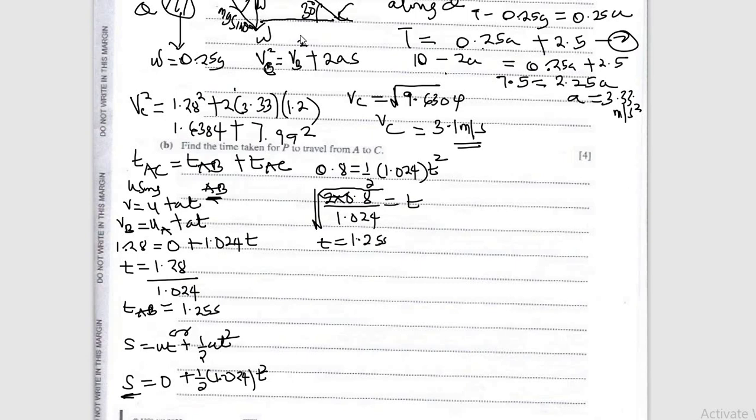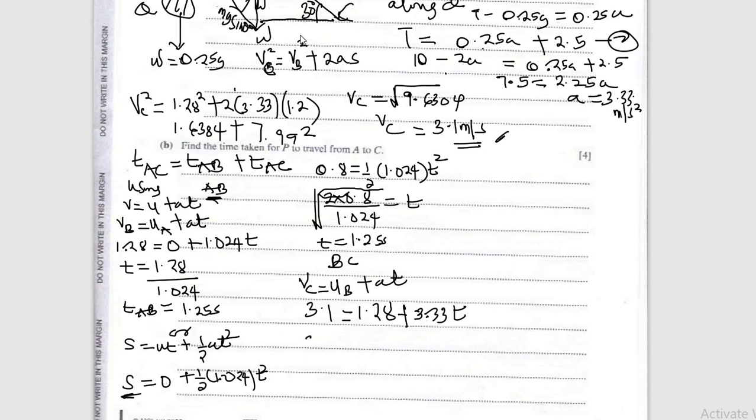That's still for AB. For BC, still the same, using the same formula, VC equal to VB plus AT. Velocity at C is 3.1. Velocity at B is 1.28. I don't have the time. The acceleration at that region is 3.33 multiplied by t.